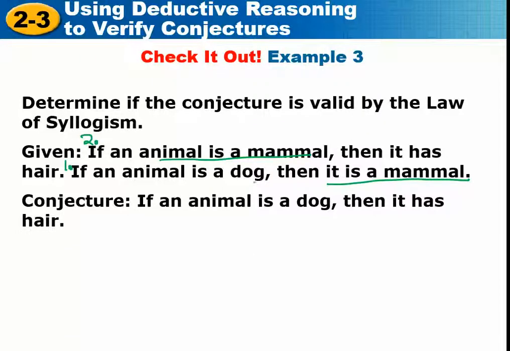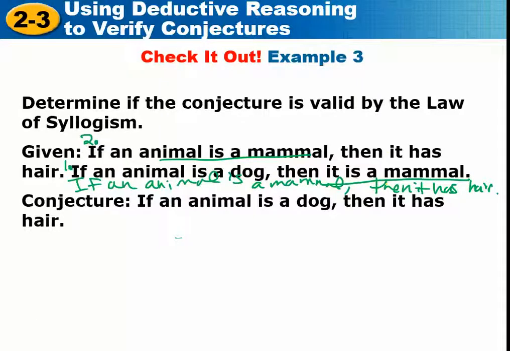So if an animal is a dog, then it's a mammal. And then the second sentence would be, if an animal is a mammal, then it has hair. So the law of syllogism says that we could skip over the part where the conclusion of one matches the hypothesis of the other one.